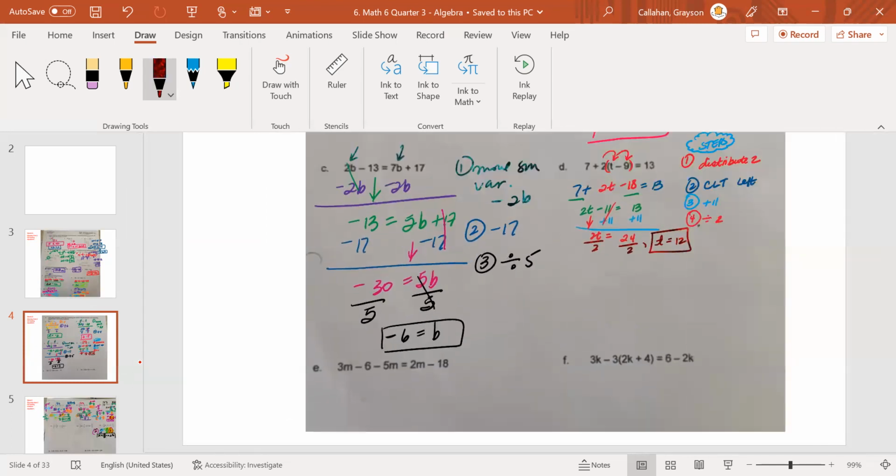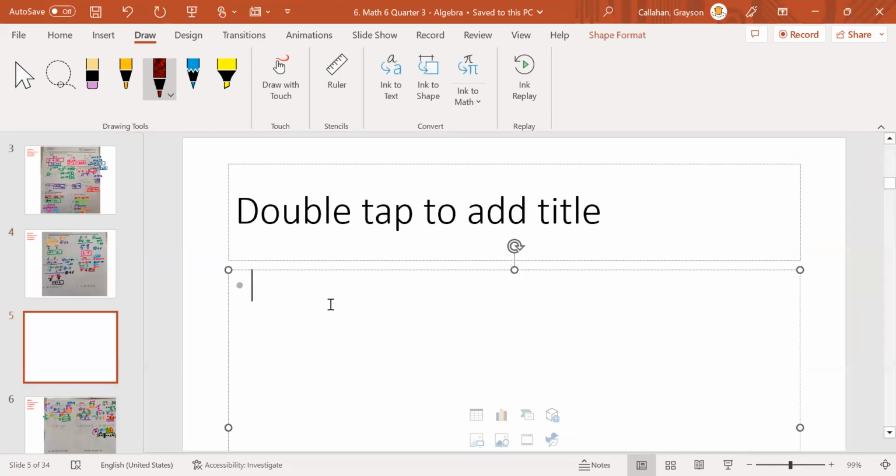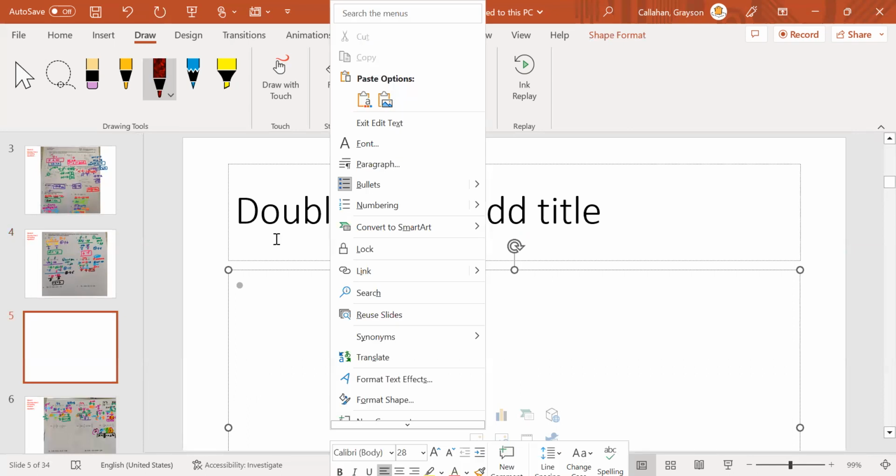Are you ready? Okay, with E and F, I'm actually gonna put this on another page because there's not enough space there.